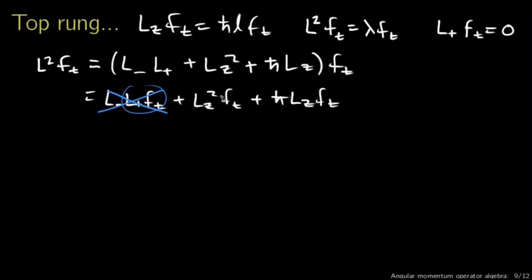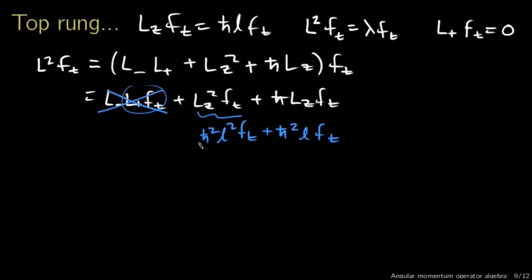Lz acting on f_t, I can write this as Lz, Lz, f_t. Then I know what each of those Lz's does, it just gives me an h bar l. So this is going to give me an h bar squared l squared f_t. And this, well, this is just 1, so this is just going to give me an h bar squared l f_t.